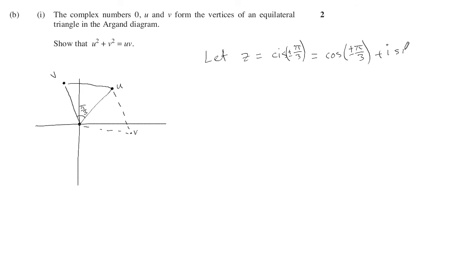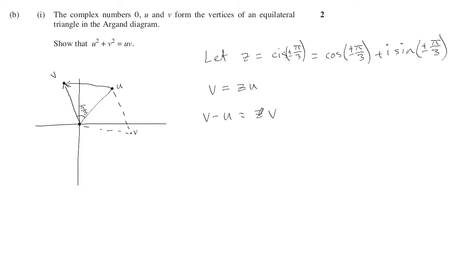So that's just the same thing as this. So we can say that V equals ZU, so that just means U rotated by either positive or negative pi on 3. All right, and then what occurred to me to do was to say that V minus U, so that's that vector, that's just the V vector rotated by that same angle.